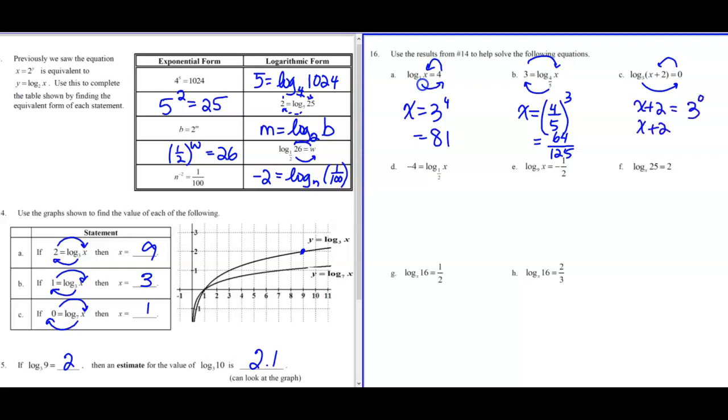Well, 3 to the 0 is 1, so x equals negative 1. Okay, so work through those.